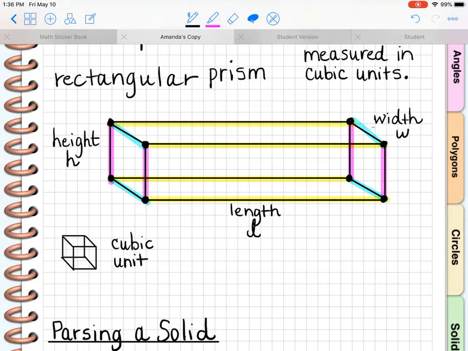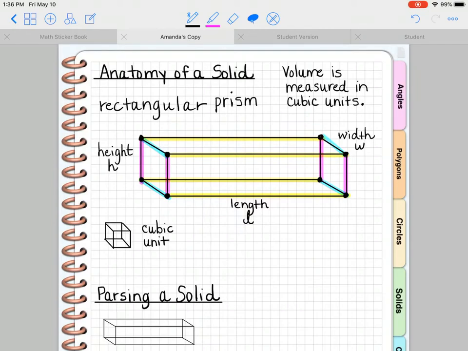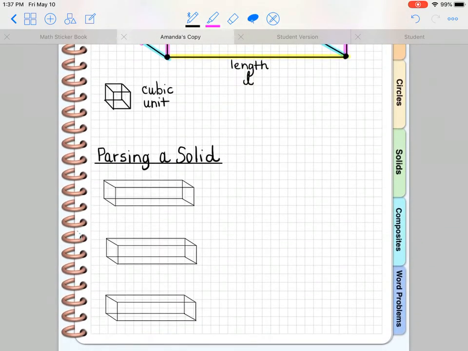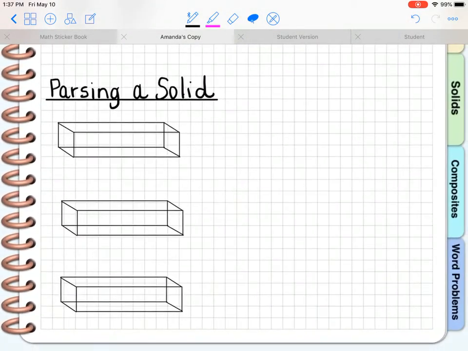Okay, so that's just an introduction to solids and how they're measured. Each formula for volume is different based on the shape that you're working with, so you'll be seeing a lot of new formulas in this module. Before we move on, I need to show you a skill called parsing a solid.